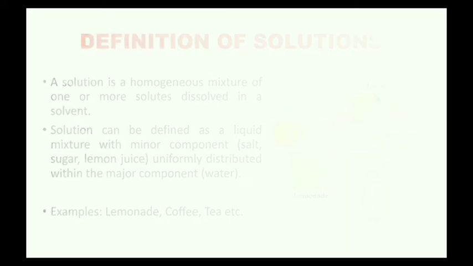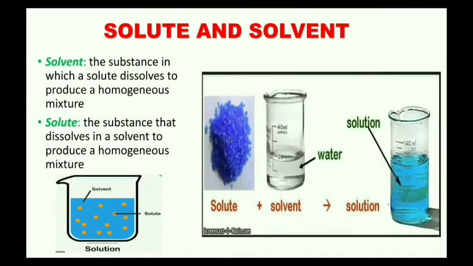So now we have understood what are solutions. Now let us understand what are solute and solvents. So solvent is the substance which dissolves the solute to produce a homogeneous mixture. So it is a substance in which a solute dissolves.